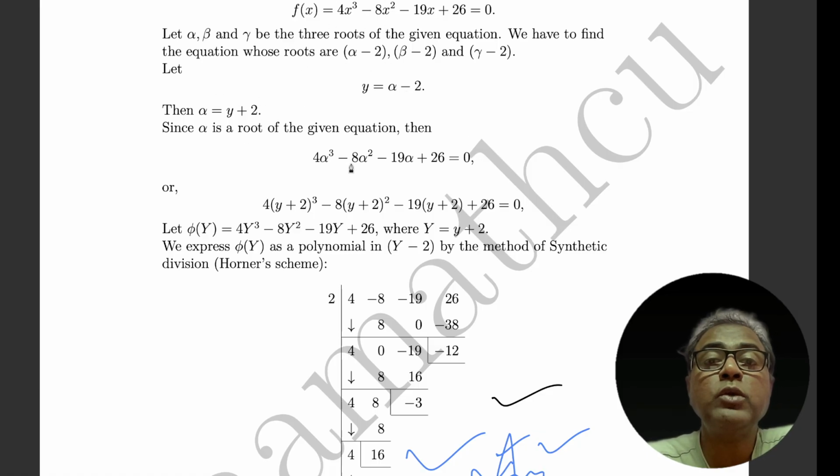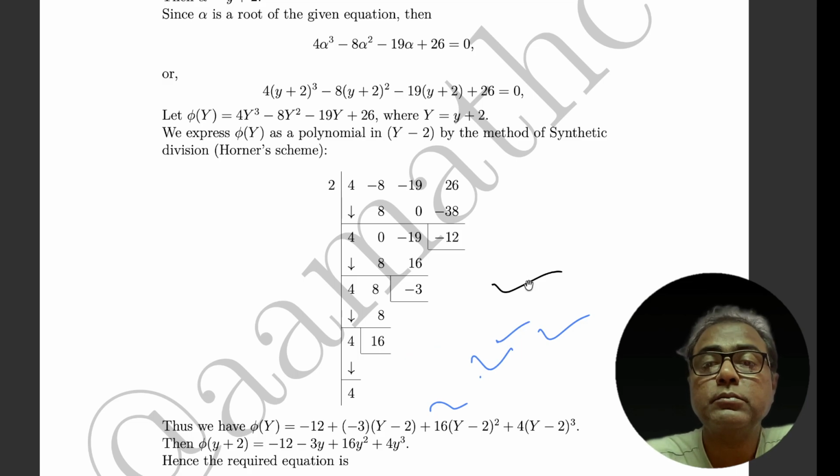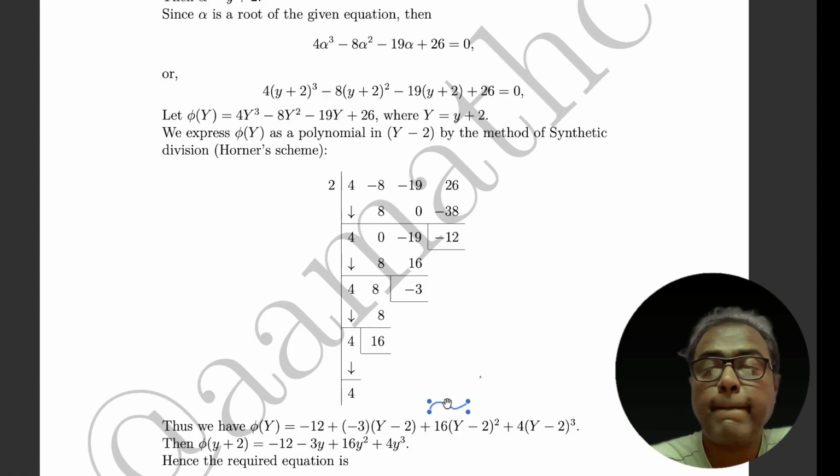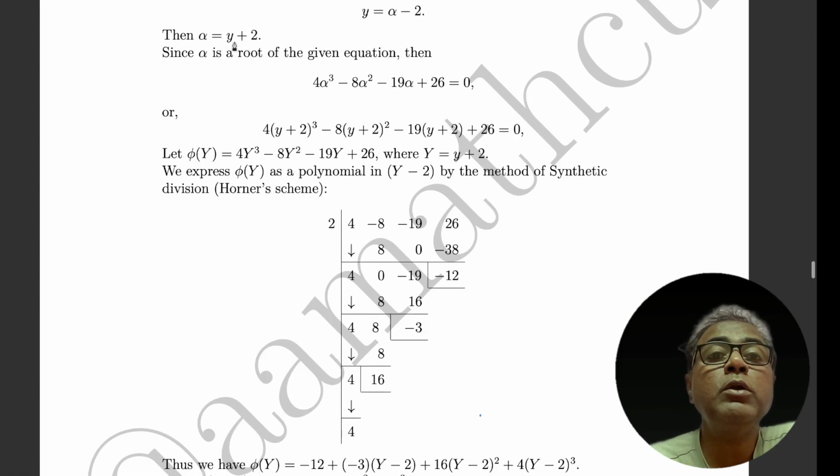So 4 alpha cube minus 8 alpha square minus 19 alpha plus 26 equal to 0. So put alpha equal to y plus 2.